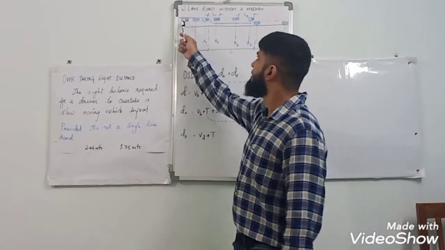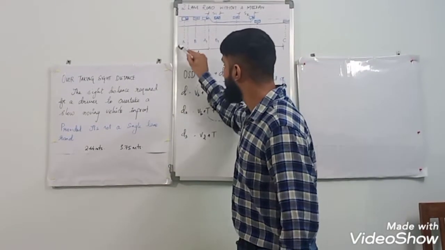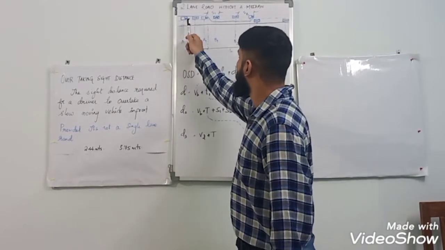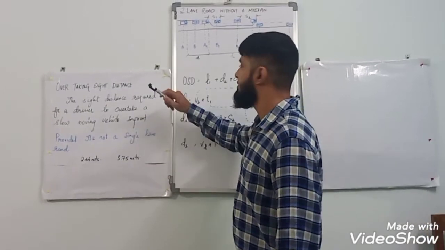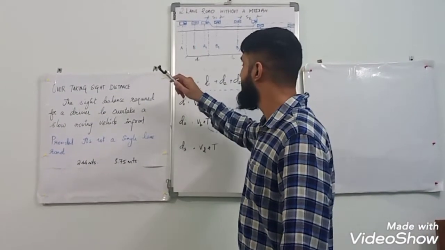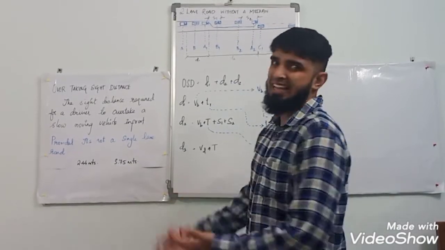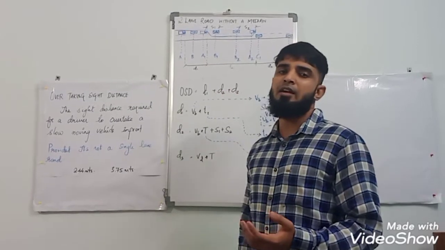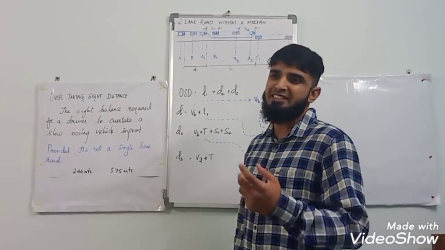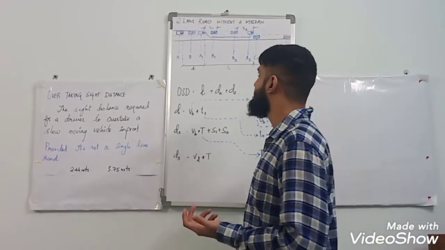So, the driver of vehicle A understands that vehicle B is moving at a lesser speed, or else it is not the speed which he would prefer internally.